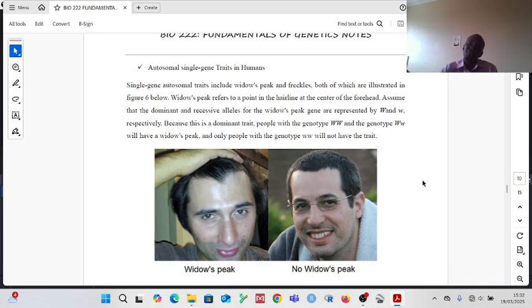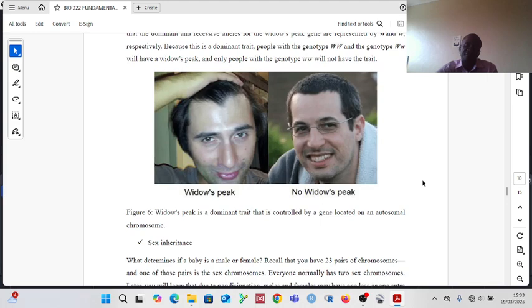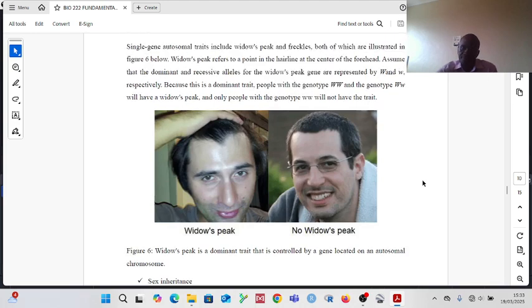In terms of phenotype, both of these two people will have the widow's peak. But only people who are homozygous recessive, small w small w, are the ones who will not have that widow's peak.